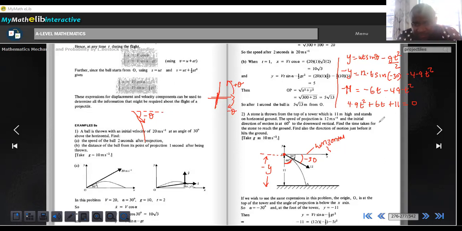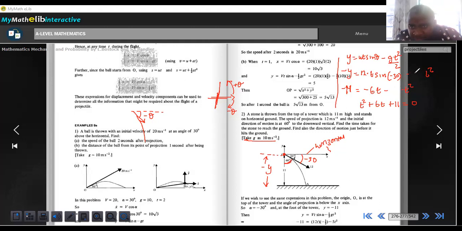So what else did you get here? Oh, you see the question? It says take g as 10. If they say take g as 10 and you do what I've done, taking g as 9.8, you will be crossed.